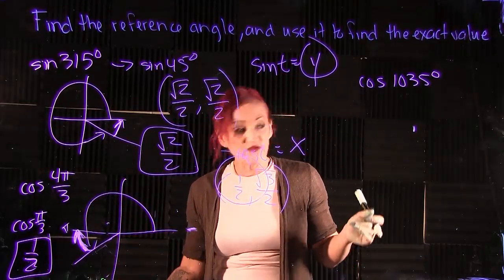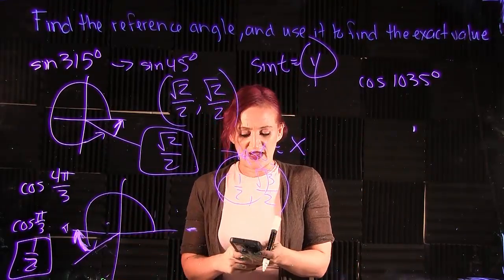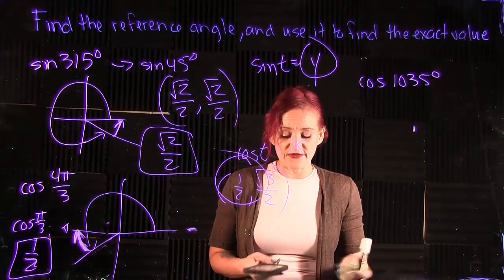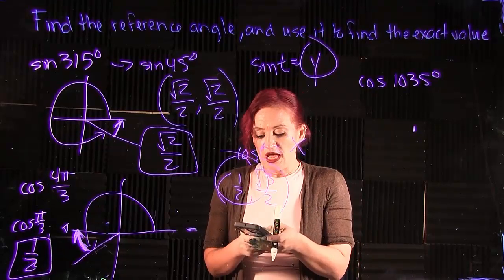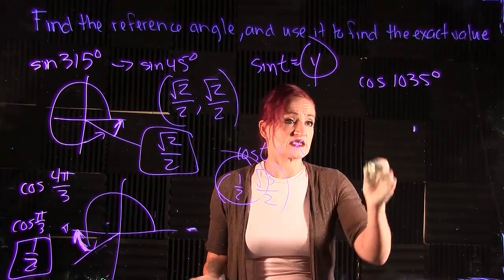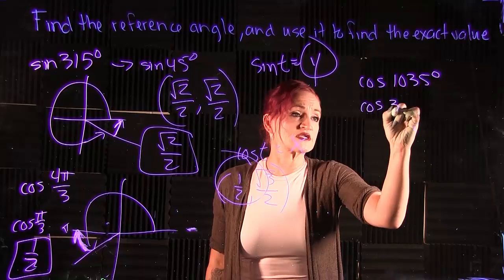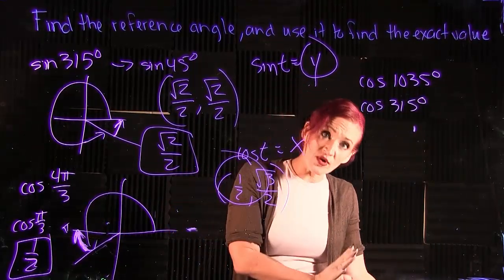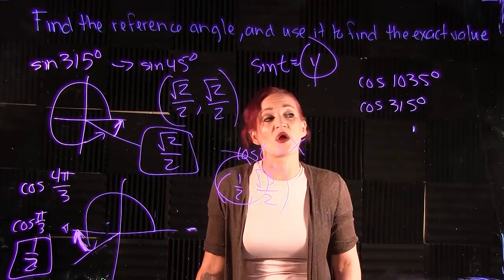If we take 1035 and subtract 360 from it, you get 675, which is still too large. If you subtract another 360, you are left with 315. That would be the coterminal angle of 1035.